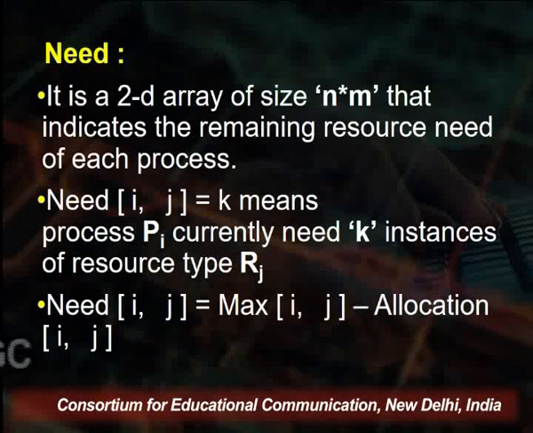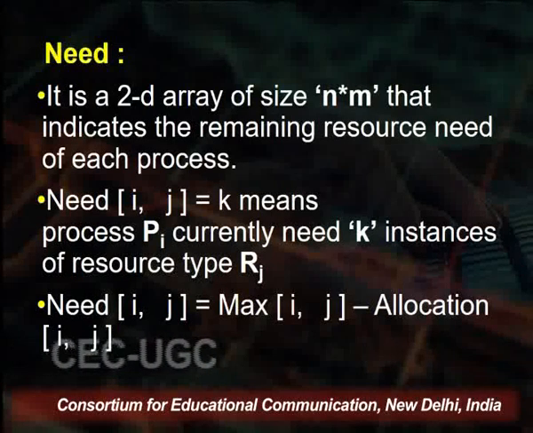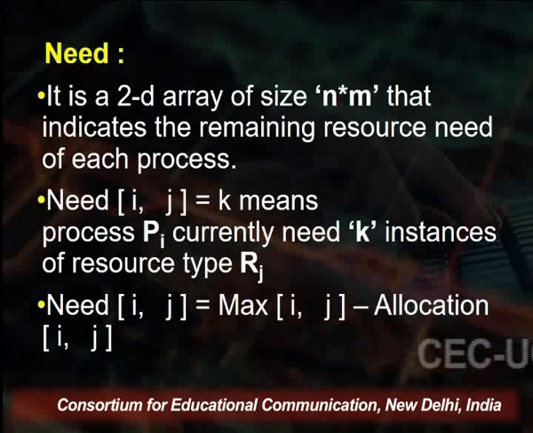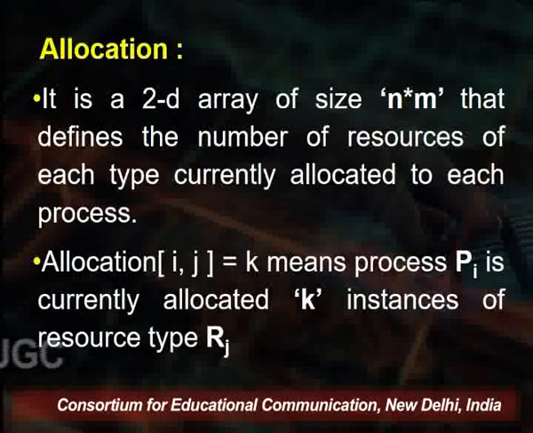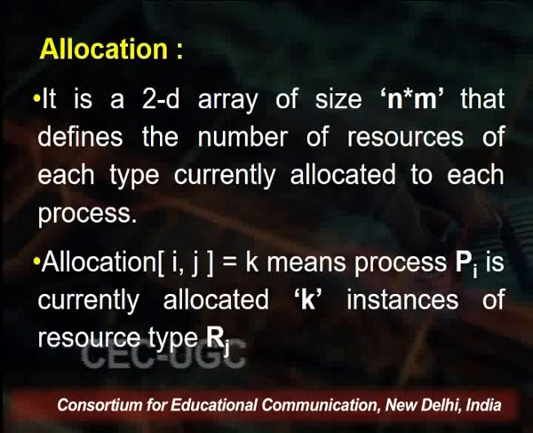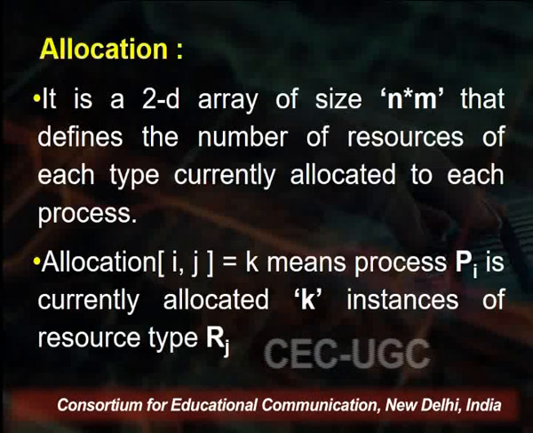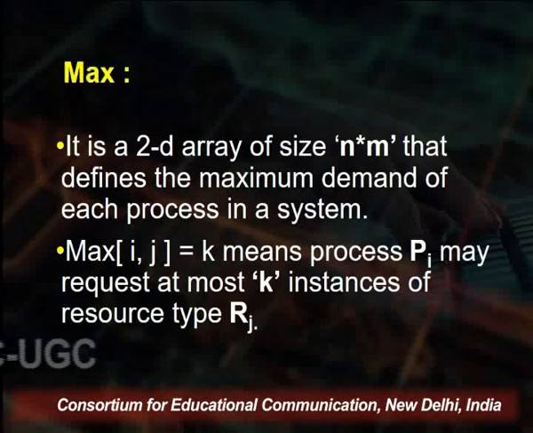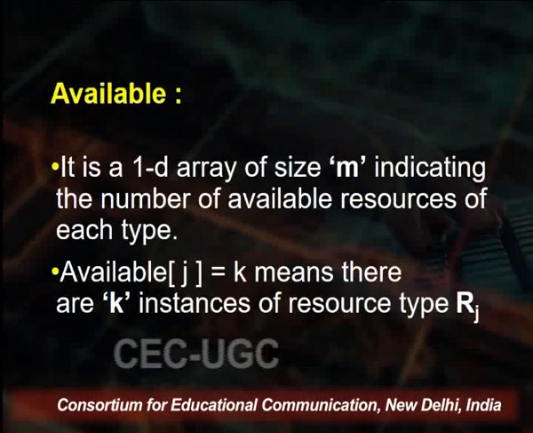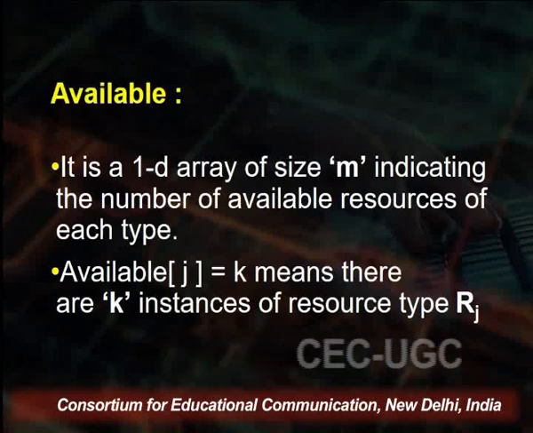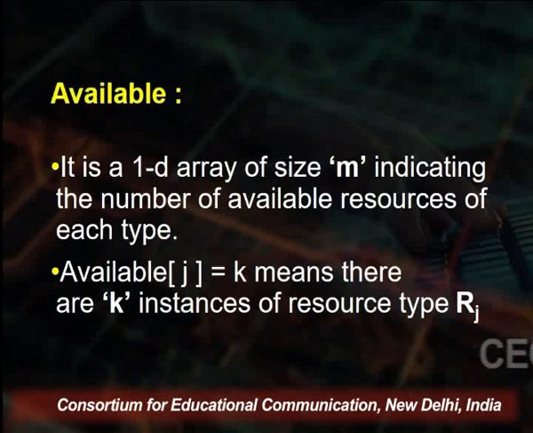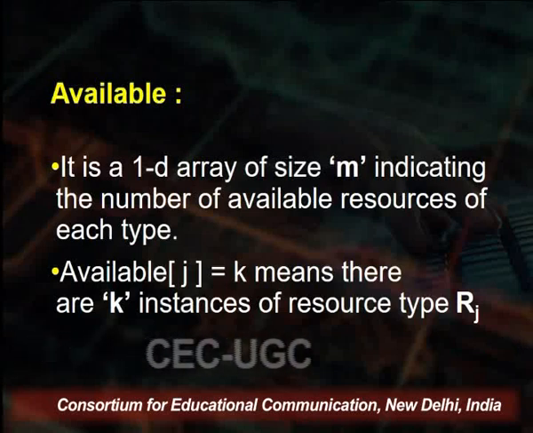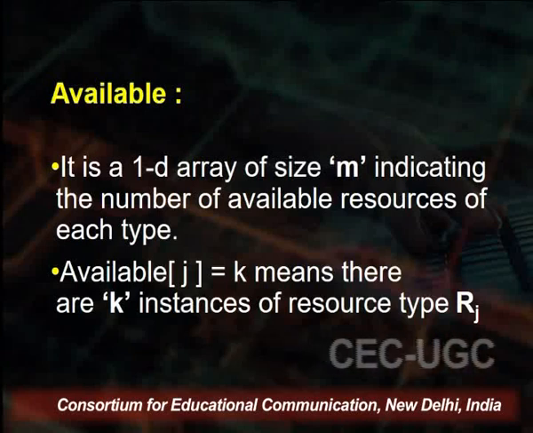So here we have seen the data structures in Banker's algorithm: one is need, whatever need is left; another is allocation, what is currently allocated to each process; then their maximum demand; and a 1D array of size m, which indicates the number of available resources of each type. So what are we going to do with these 4 types of data structures?